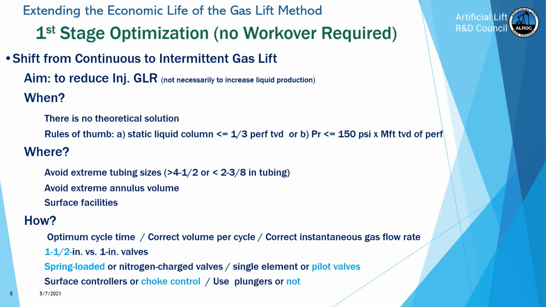If it travels at a very high velocity, then the gas will tend to break through the slug. So there is an optimum velocity, and you should be able to find that velocity. It is usually around 1,000 feet per minute, but it's easy to find the optimum velocity in the field.